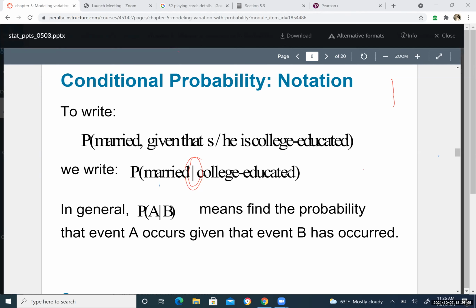So they just translate from the above sentence, the sentence where we just computed the probability. Instead of writing "given that," they cut it off and put the bar. In general, P of A given B means you find the probability that event A occurs, when they're giving you a bigger group, group B, that has occurred.